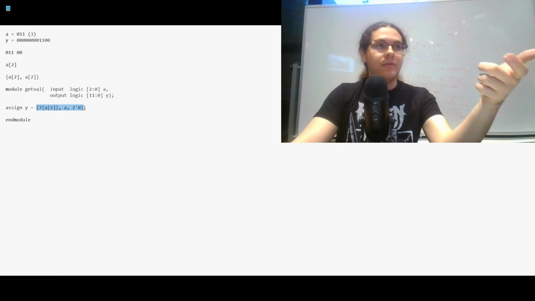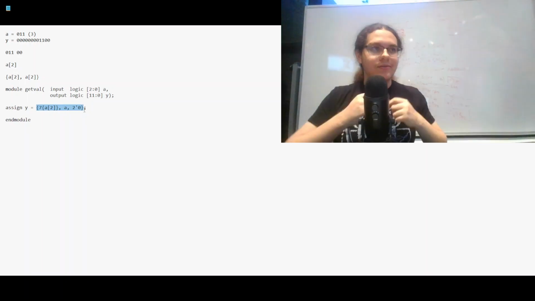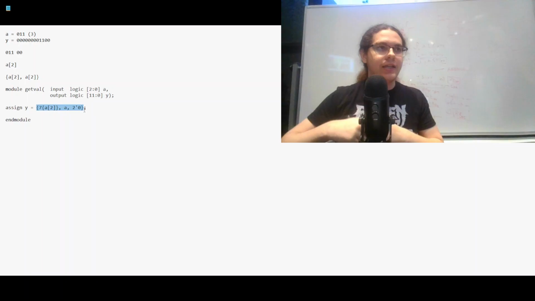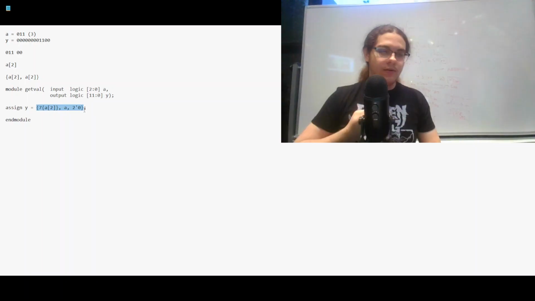So I'm assuming that the reason why she's going over this with you guys is so you learn about 2 things: the concatenation operator to smush bits together or tie wires together in a multi-wire fashion, also called a bus. Whenever you have multiple wires, it's called a bus. So she's teaching you about that. And then the second thing is I forget what this is called. I think it's the repetition operator.